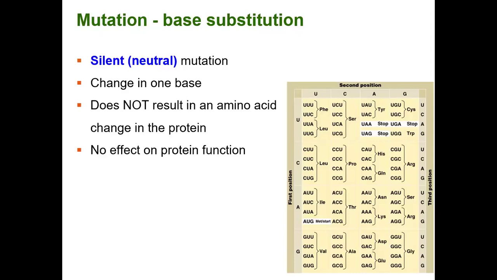And 10,000 years ago, in Northern Europe, there was a mutation in the human population, and it resulted in a base substitution, which was not neutral. It did change the protein, and it resulted in the blue-eyed gene, resulting in blue eyes.